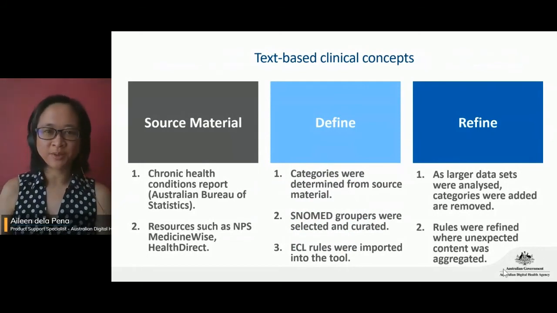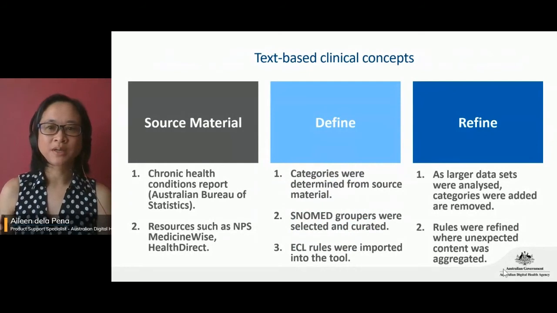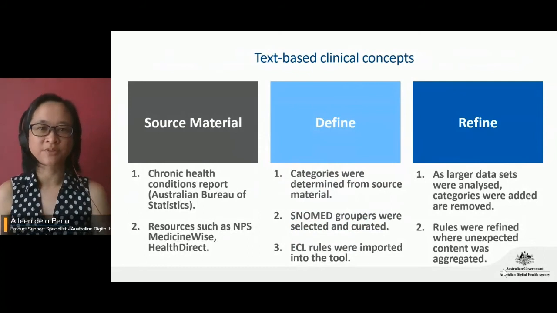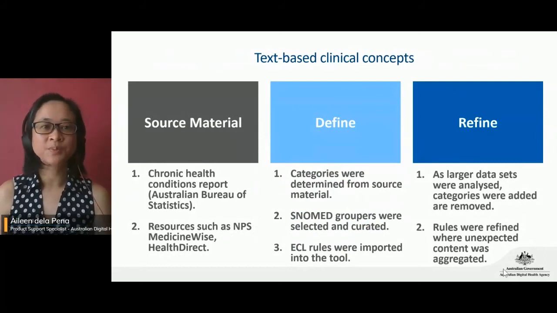So then we had to refine the process. As more data was analyzed, there was more data coming through, and therefore we had to define suitable categories for them. At the beginning, these uncategorized lists were large, but they became smaller and smaller as more clinical documents were analyzed. Next slide.